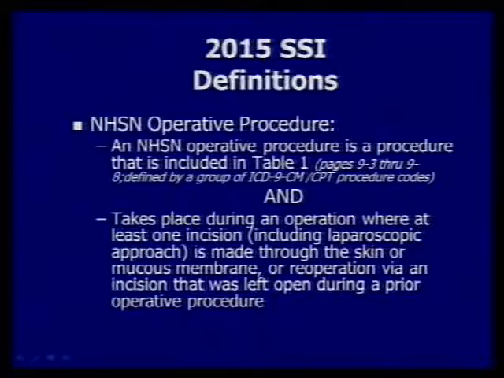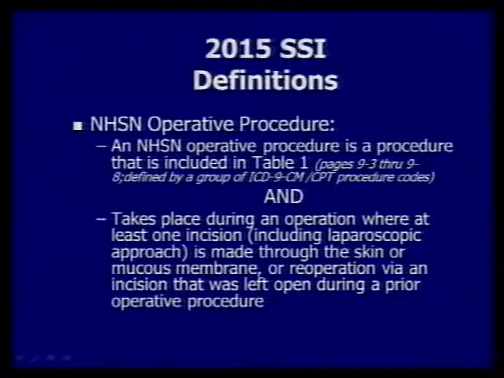So the 2015 definitions, an NHSN operative procedure is a procedure that is included in Table 1, and in the protocol, those are pages 9.3 through 9.8, and those are defined by a group of ICD-9 codes and CPT codes. If you have an ambulatory surgical center, or I know in certain hospitals, they will build their surgical procedures based on CPT codes rather than ICD-9 codes.